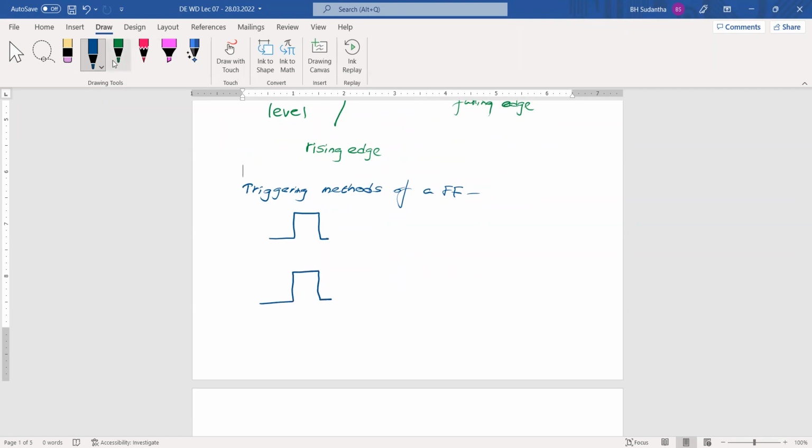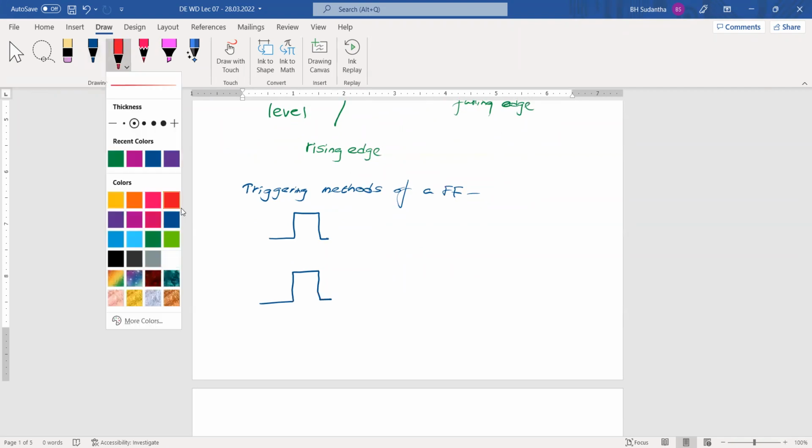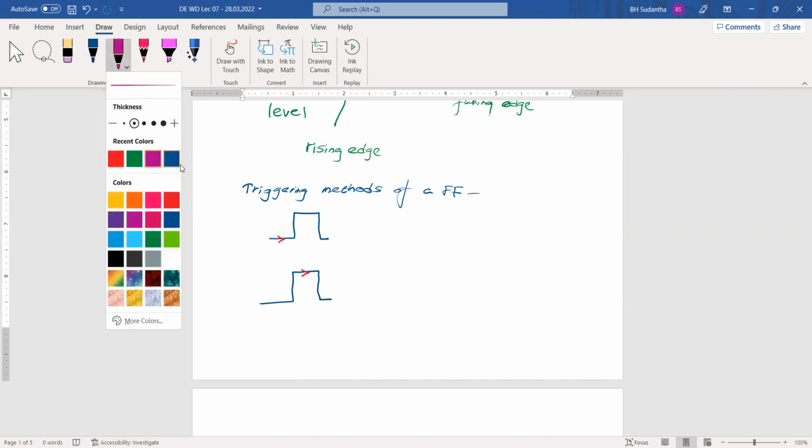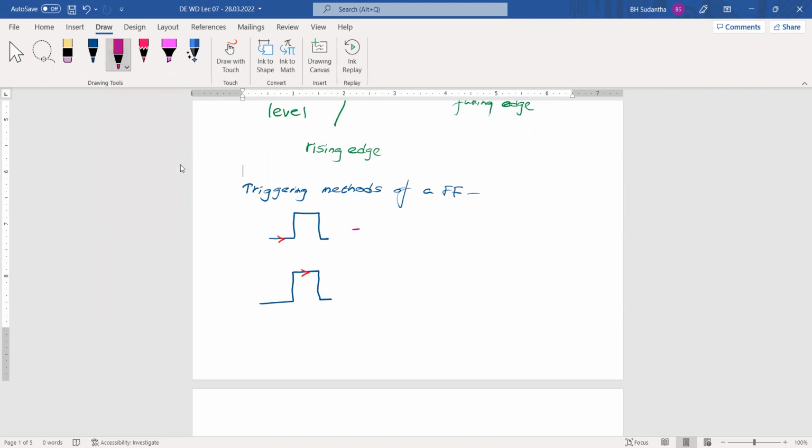Manufacturers have developed their flip-flops to trigger in this negative level or this positive level. If you do like that, then we call this flip-flop a negative level triggered flip-flop.